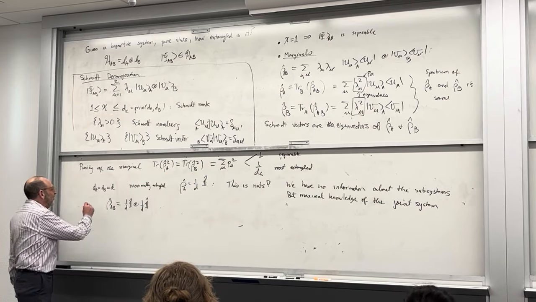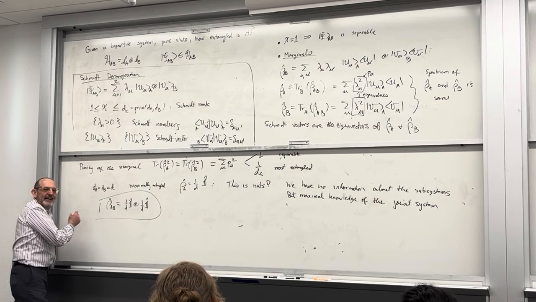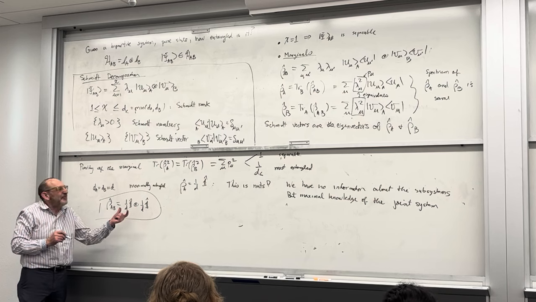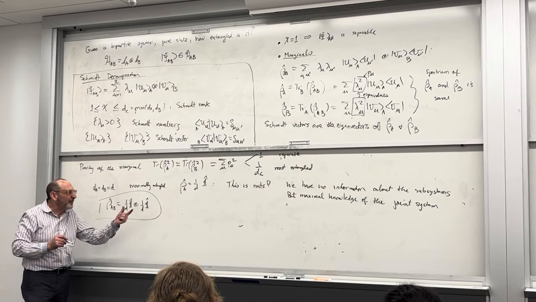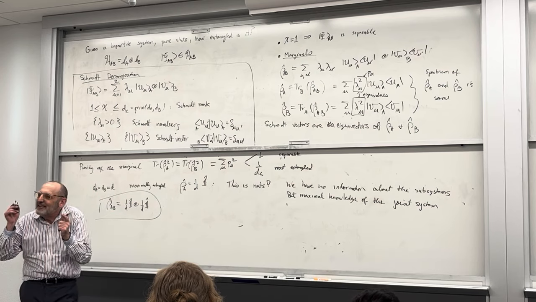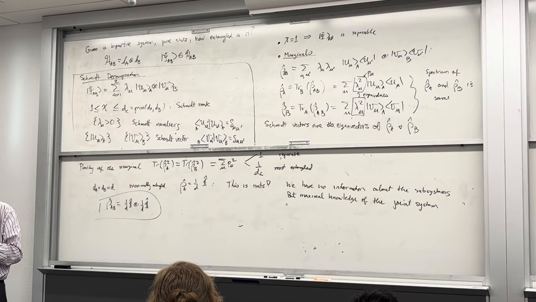In this case, the total system ain't pure, it's mixed. There's no entanglement here, but it's also true that their subsystems are completely noisy. So it's just a little bit complicated.